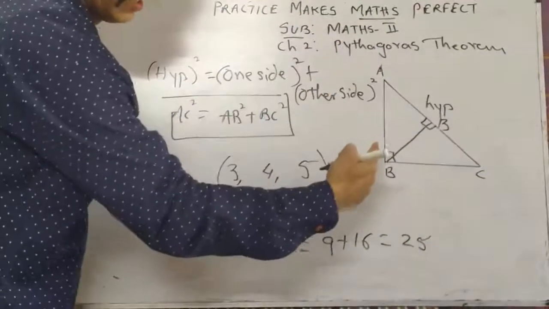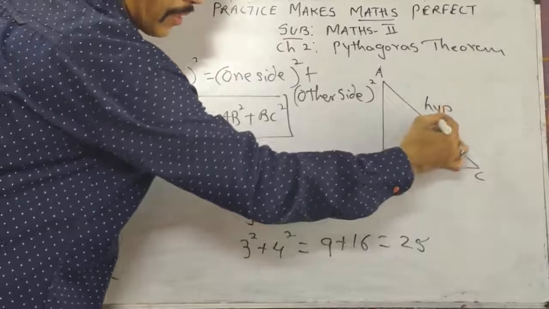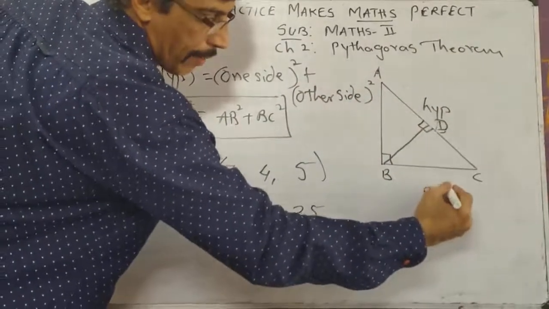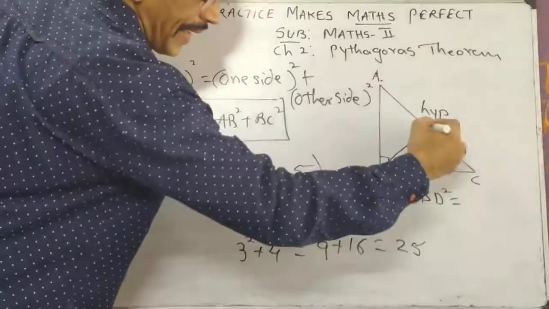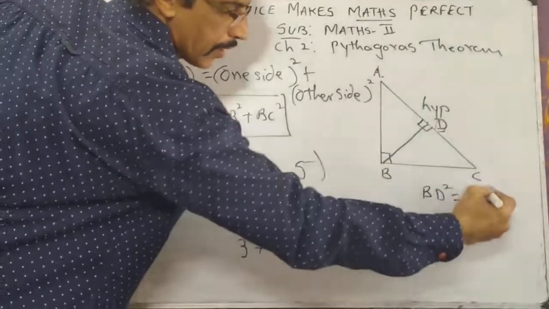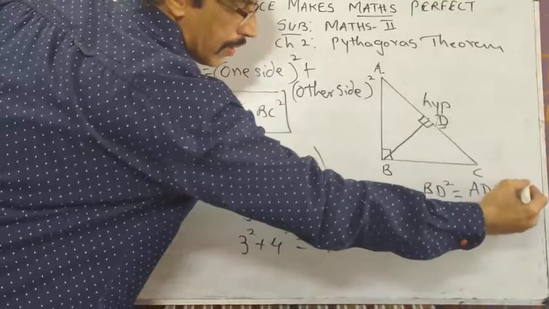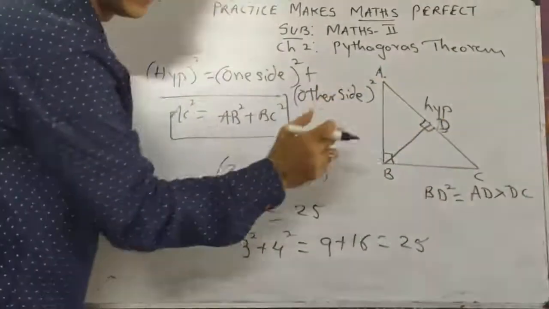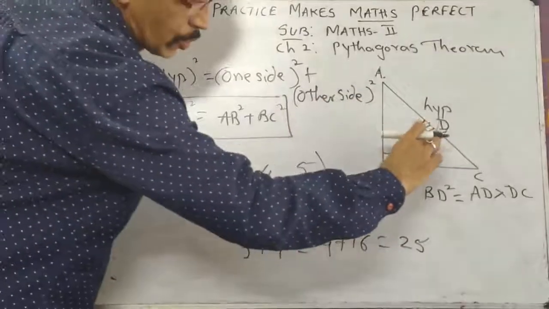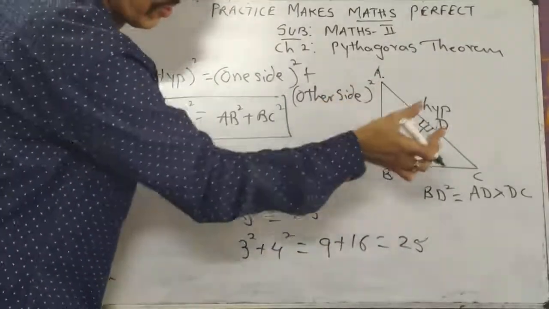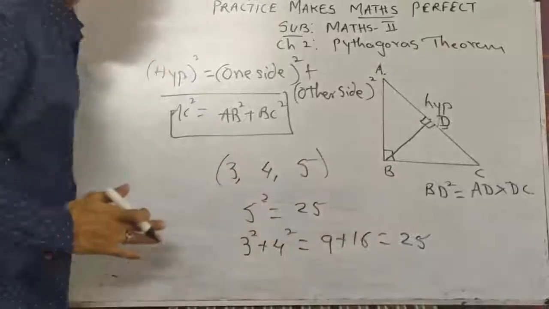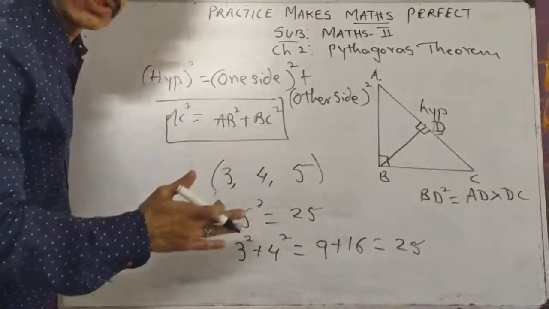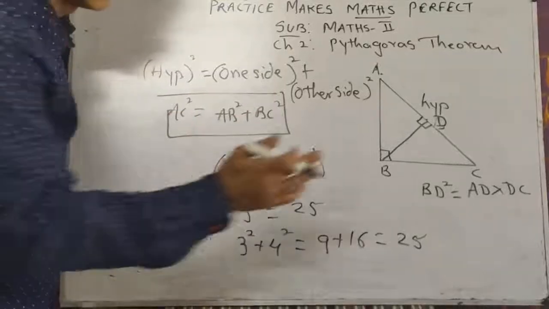So here BD square is equal to AD into DC. This hypotenuse is divided into two parts, AD and DC. So this BD square will become AD into DC. This is called theorem of geometric mean, or you can say geometric mean theorem. This is the third point.